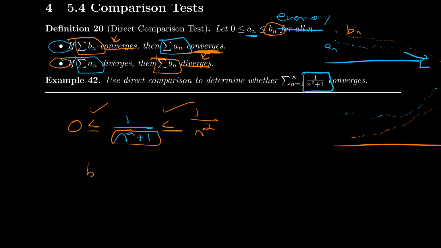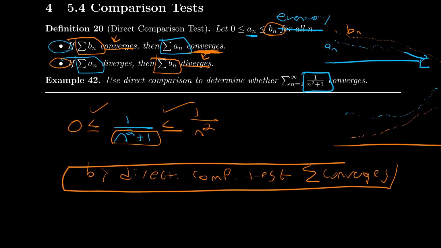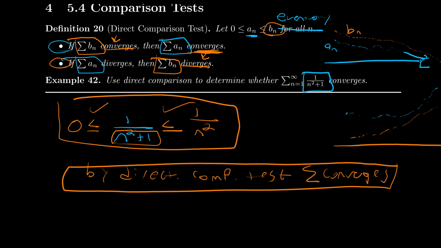So by what we call the direct comparison test, or just the comparison test, we can say the series converges. And this, together with this bit, is what your answer would be. Okay?